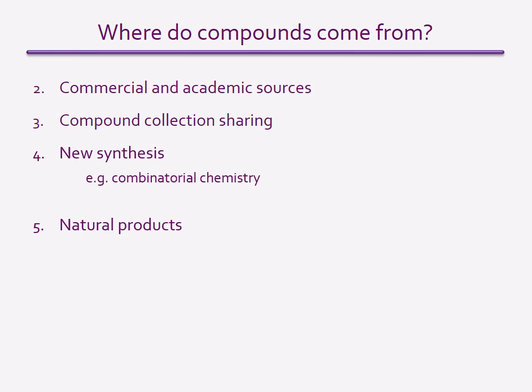Some of the earliest drugs, such as aspirin and digoxin, were isolated from plants, but there are many additional sources of natural products. The newest source of compounds is biological agents, such as antibodies and proteins from recombinant DNA technology, as we covered in an earlier lecture.